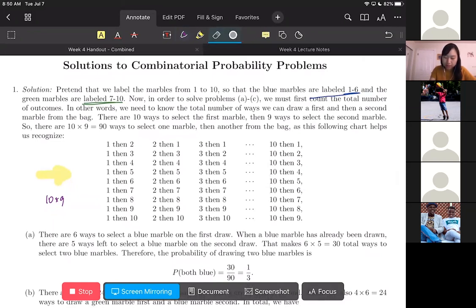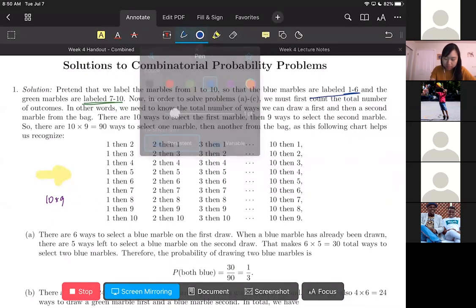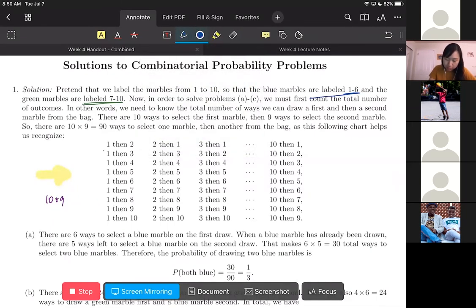That would be first we select 1, or 2, or 3, all the way to 6. And then once we select the first one, there's 5 ways to select a blue marble on the second draw. So then we have 6 times 5 total ways.